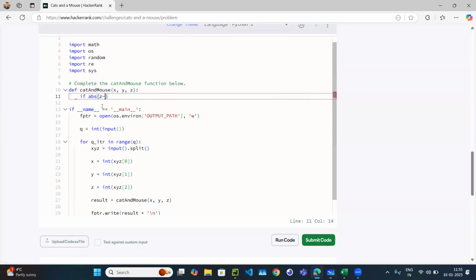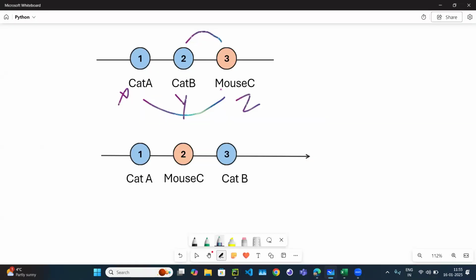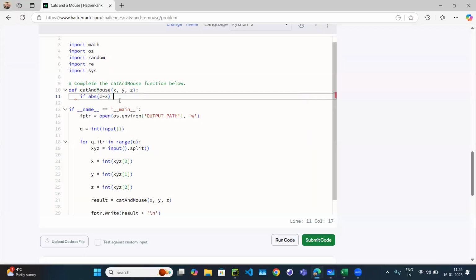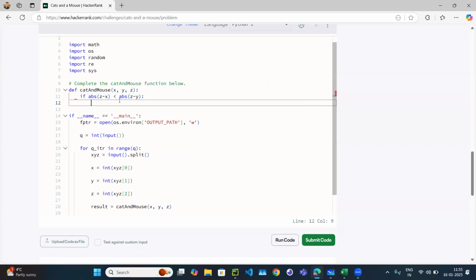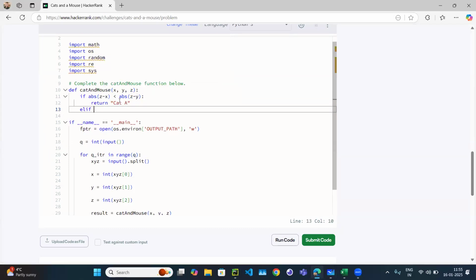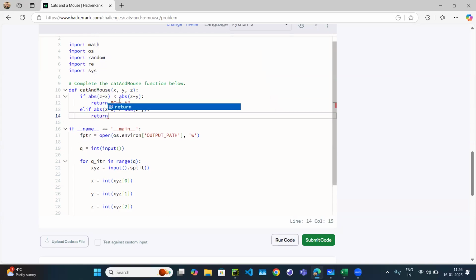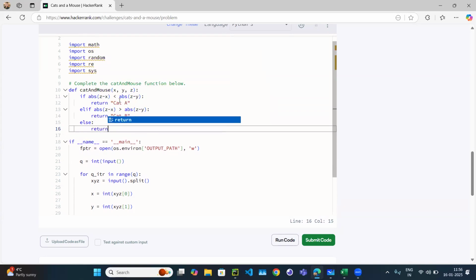If the absolute of z minus x, for cat A and the mouse, is less than the absolute of z minus y, it means cat A is nearer, so we are going to return cat A. Else if the absolute of z minus x is greater than the absolute of z minus y, then we need to return cat B. Else we will return mouse C.